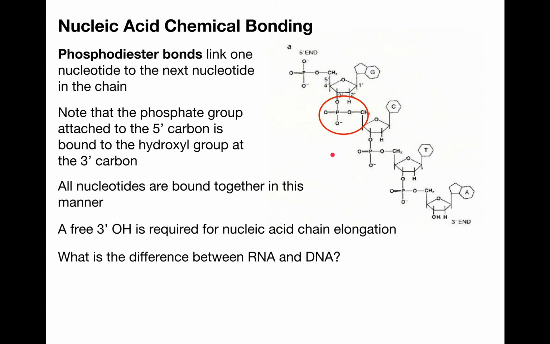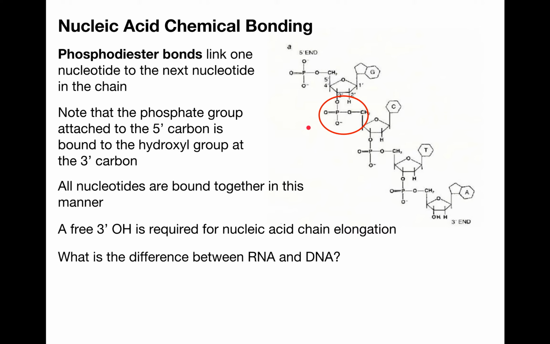What we haven't talked about yet is the type of chemical bond that actually links the nucleotides together. We've seen the alternating phosphate-sugar molecules along the backbone of a strand of nucleic acid, whether it's DNA or RNA, but we haven't commented yet on the bond. Here you can see the type of bond that links nucleotides together.